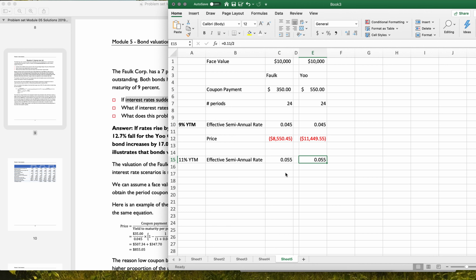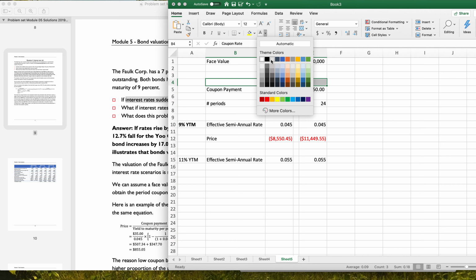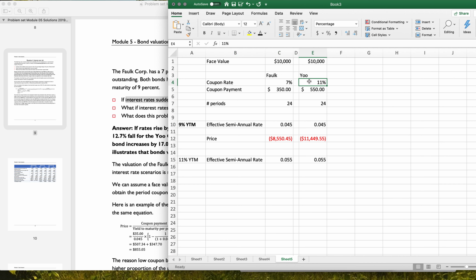That is 5.5%. That makes sense. Notice that this is an 11% bond. I'm just going to bold that for a second. The yield to maturity here is 11%. So I'm going to make a prediction that the price we get is going to be equal to $10,000.